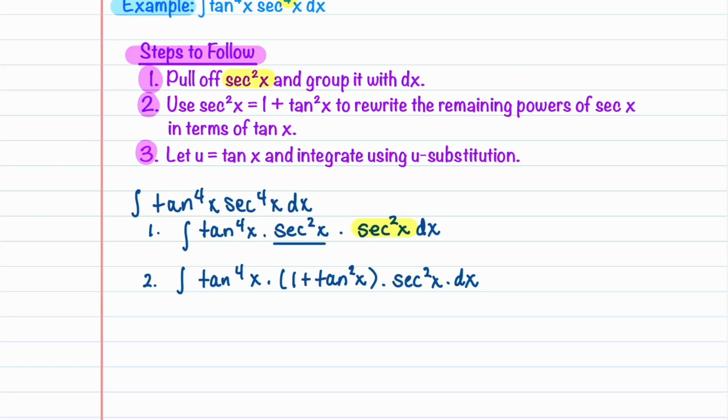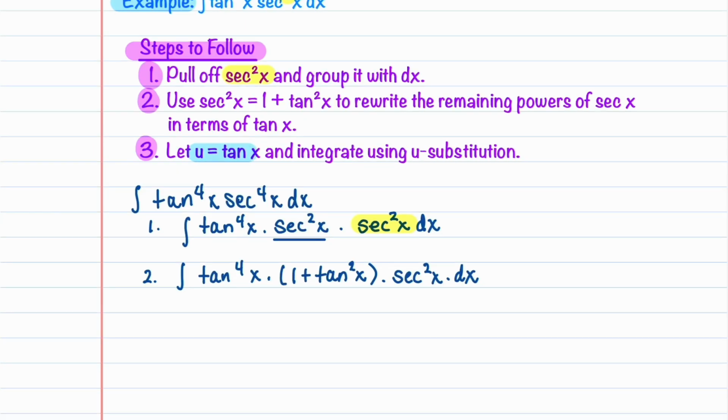For step 3, we are going to use u-substitution, and we're going to let u be equal to tangent x, and then we'll just integrate. Before we do that, I just think we ought to rewrite this. So this is going to be tangent to the 4th x plus tangent to the 6th x times secant squared x dx.